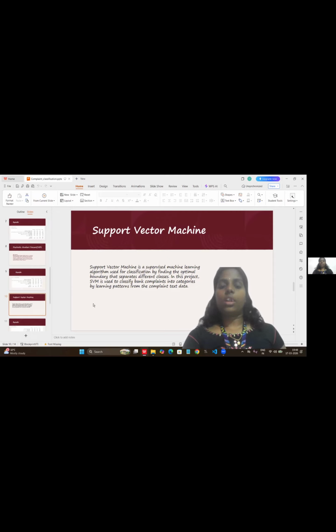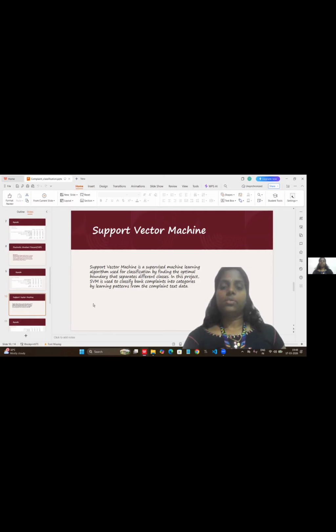This boundary is called a hyperplane. The main goal of SVM is to maximize the margin between different classes so that the model can classify the data more accurately. SVM is particularly effective for high dimensional data like text data, where there are many features of words.